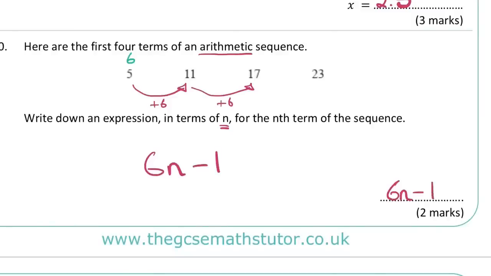Now that can be slightly harder when you have a negative sequence that's going down, because sometimes the jump can be quite big from that negative number up to 5 in this case. So if it was going down, let's imagine it was 5, then 2, then minus 1, minus 4. Just going down in 3s.